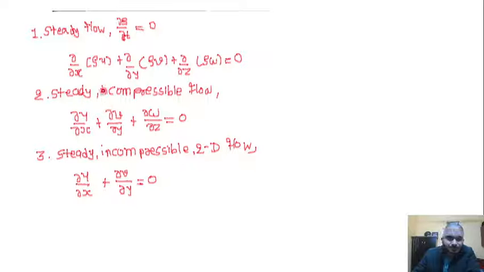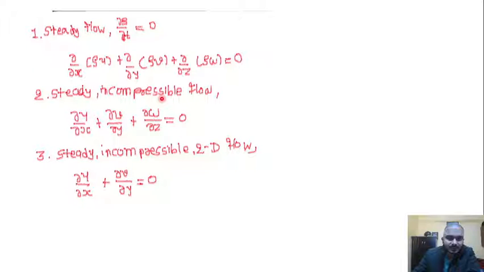And there are few special cases on this, that is for steady flow del rho upon del t will be 0, so the equation reduces to this. Then we have steady incompressible flow, that is in incompressible flow rho will remain constant, so it is taken outside and it is vanished with this 0.